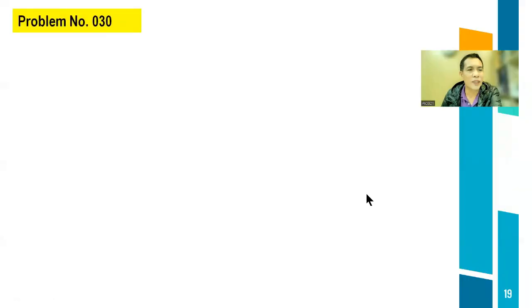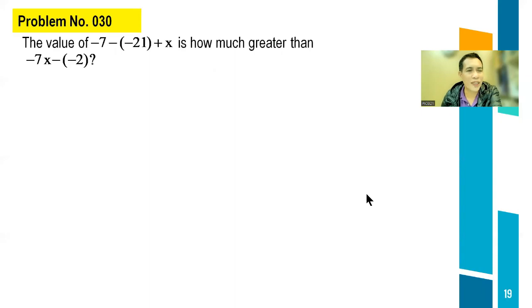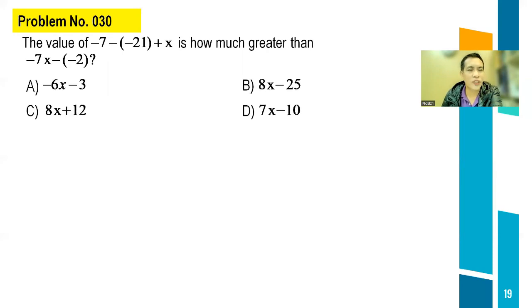Problem number 030. The value of negative 7 minus negative 21 plus x is how much greater than negative 7x minus negative 2? For the choices, A negative 6x minus 3, B 8x minus 25, C 8x plus 12, D 7x minus 10.